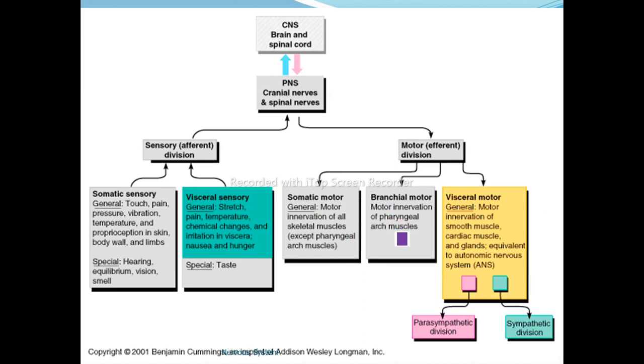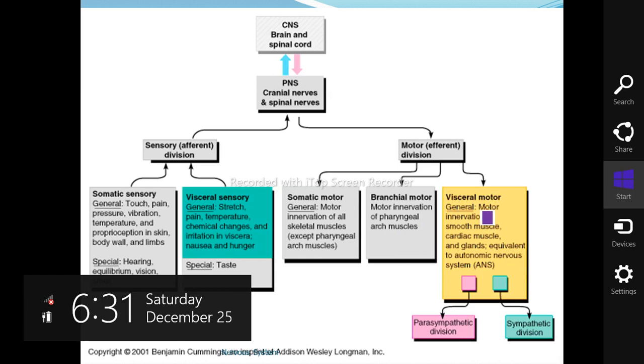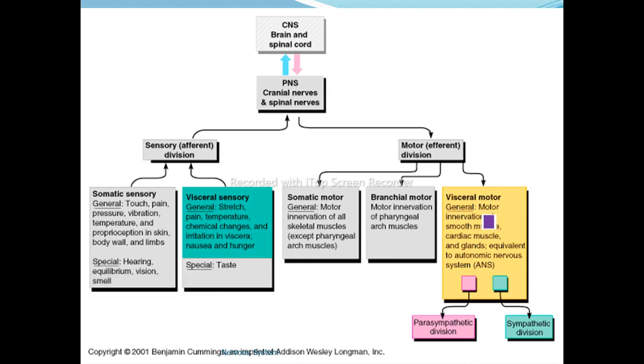The other is the general visceral motor. General visceral motor is the innervation of smooth muscle, cardiac muscle and glands. This is equivalent to the autonomic nervous system. By the way, general visceral motor gives motor innervation to smooth muscle, cardiac muscle, and glands.